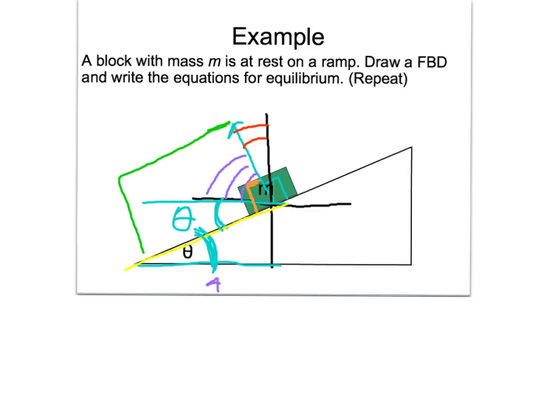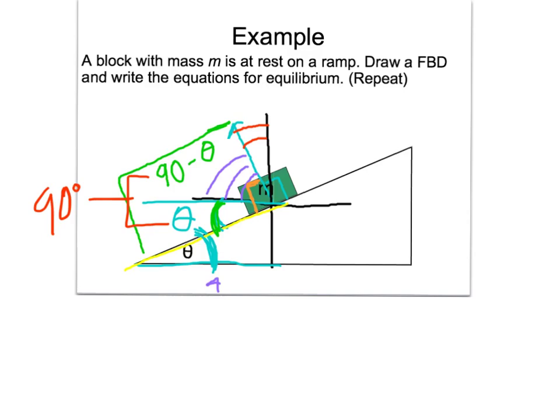Therefore, if this part is theta, the rest of that kind of big angle has to add to theta to give me 90. So this second part here would be 90 minus theta, because together these two angles have to make a right angle, and they have to be 90 degrees. So if one of them is theta, the other is 90 minus theta.